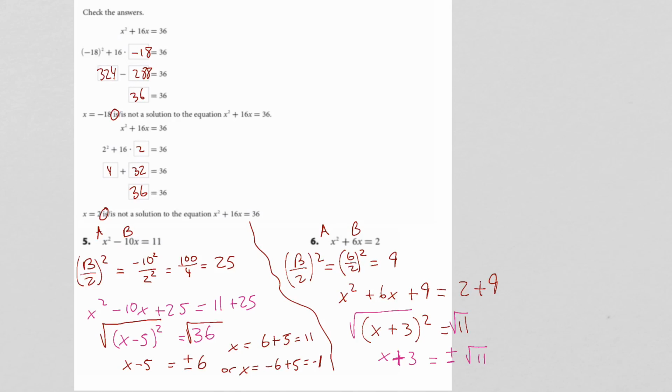You're going to get two solutions. x is going to be equal to a positive square root of 11 minus 3, or x is going to be equal to a negative square root of 11 minus 3. And these are actually the answers I prefer, in radical form. If you give me the decimal, that is simply an approximation, but these are exact.